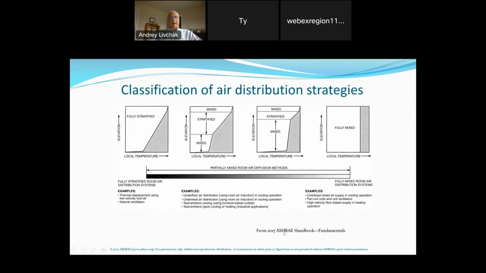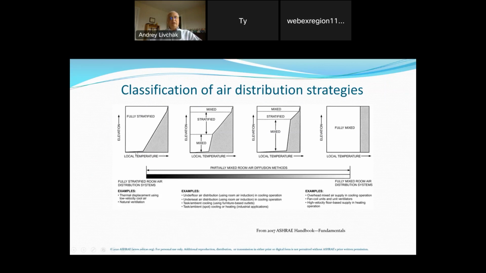First of all, from ASHRAE Fundamentals, I'm showing this picture to explain how mixing ventilation differs from stratified systems. To classify all types of air distribution systems, there are fully stratified, partially stratified, and fully mixed systems.